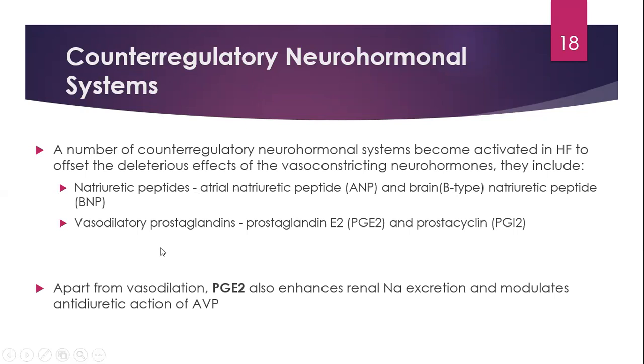And they include two sets of hormones: the natriuretic peptides, which include both atrial natriuretic peptide and B-type natriuretic peptide, and then the vasodilatory prostaglandins, mainly prostaglandin E2 and prostacyclin, which is prostaglandin I2.